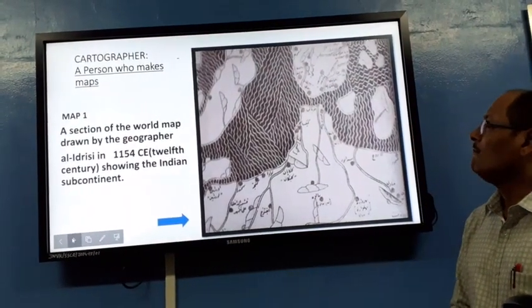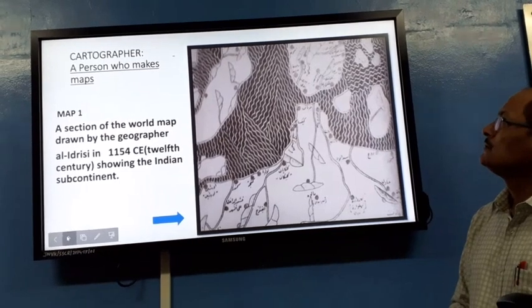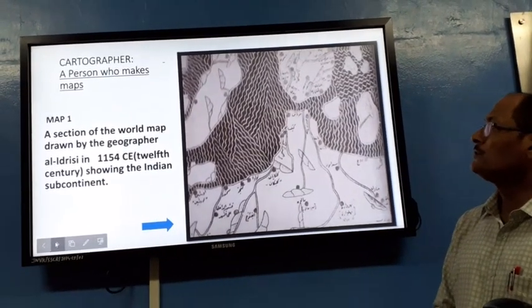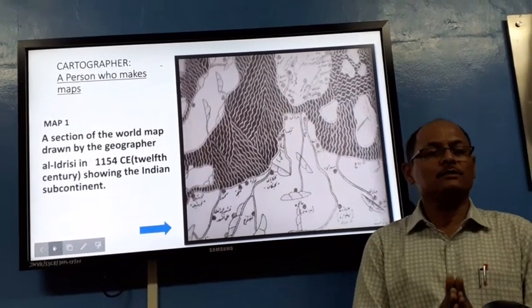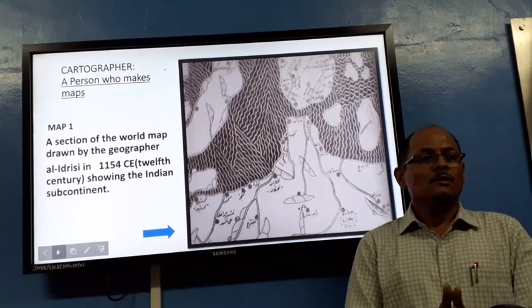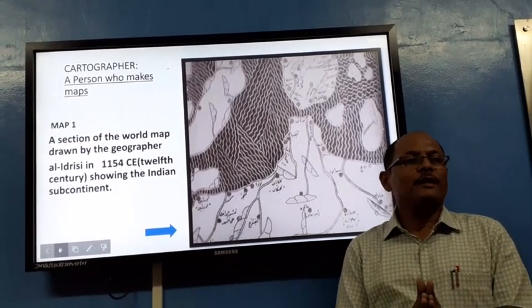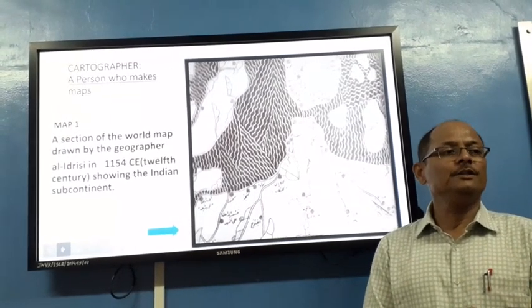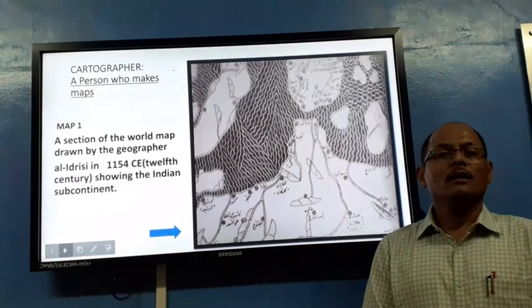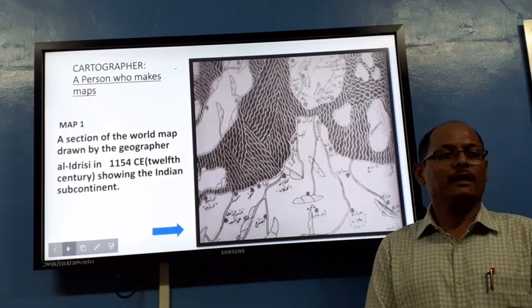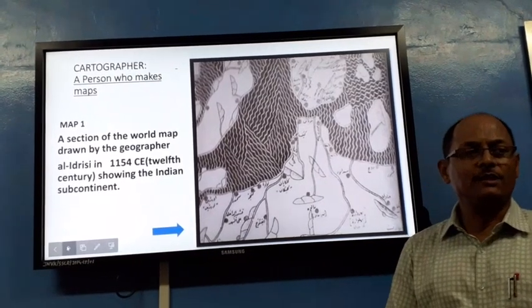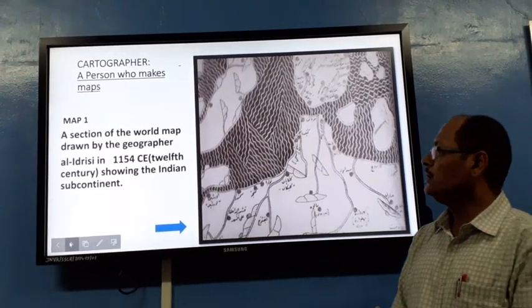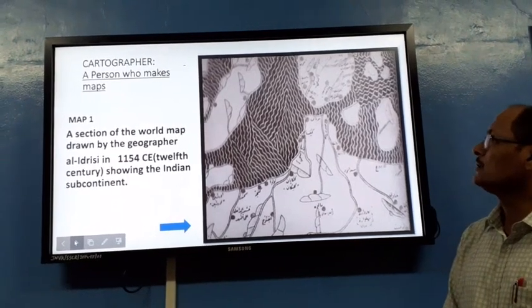Here you have one terminology, that is cartographer, meaning a person who makes maps. This is a section of a world map drawn by a geographer known as Al-Idrisi in the year 1154 Common Era, that is in the 12th century, and this is showing the Indian subcontinent.